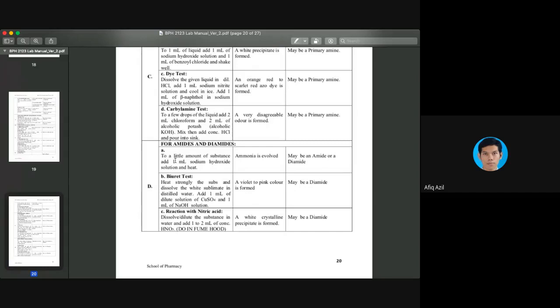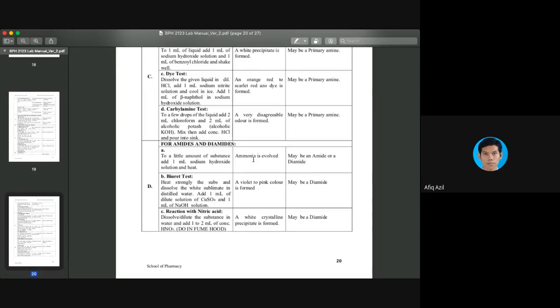The first one is just mixing it with sodium hydroxide, and the observation is that ammonia is evolved. So basically you are trying to detect the smell, because the smell of ammonia is not pleasant, sort of like a fishy smell.